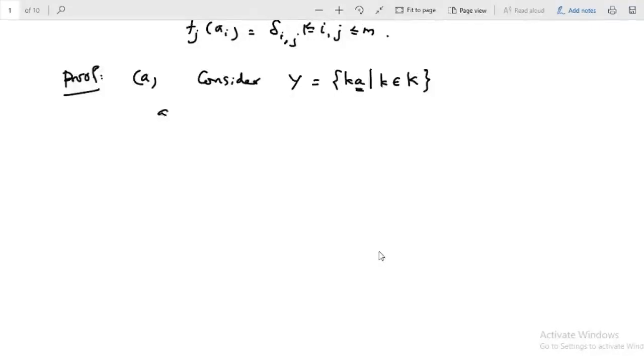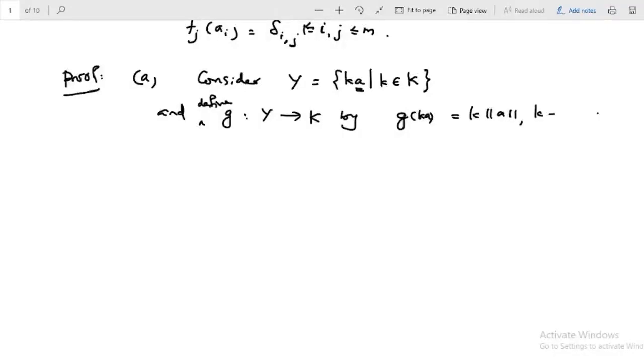And similarly, take a mapping G defined on Y. Define G from Y to K by: any element in Y can be of the form ka. Therefore, define G of ka as k into norm a.